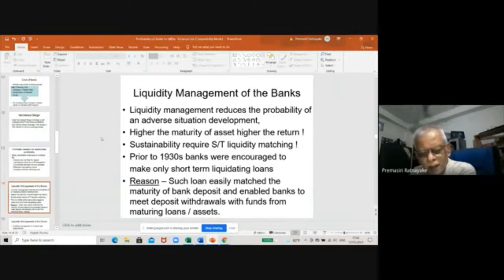Prior to 1930s, banks were encouraged to make only short-term liquidating loans. Reason: such loans easily matched the maturity of bank deposits and enabled banks to meet deposit withdrawals with funds from maturing loans and assets.